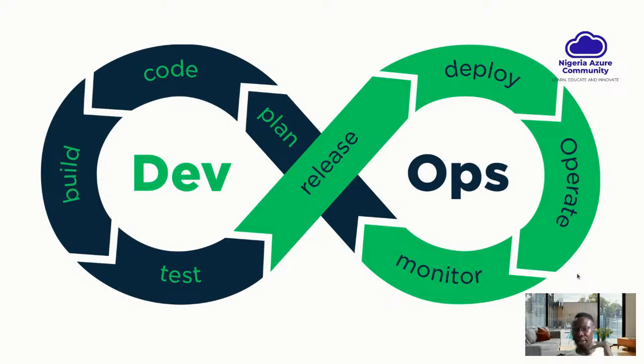Because once the dev team finish building source code, they have to push it to the operation team or the deployment team. So there were issues with configuration drifts. By the time you finish building and take it to the operations team, they will come back and say, oh, this is not running. And then as a developer, this is working on your system. And by the time you push it to production server, something is broken.